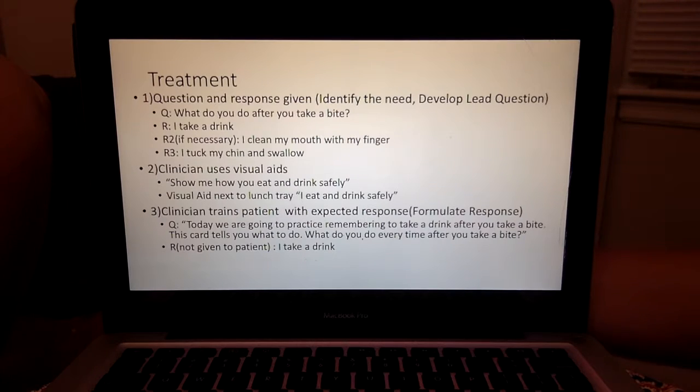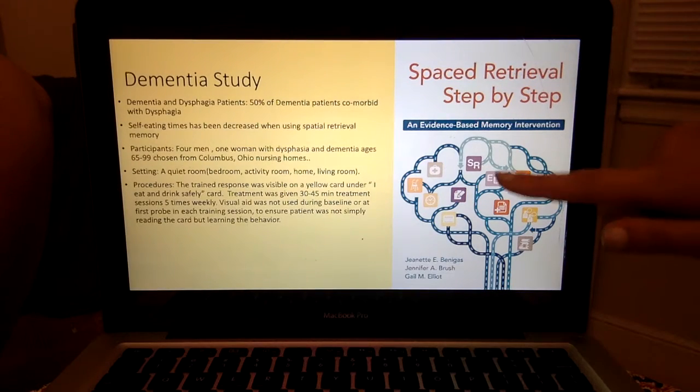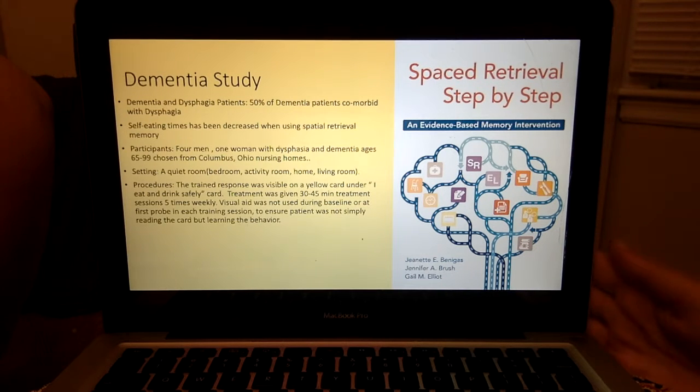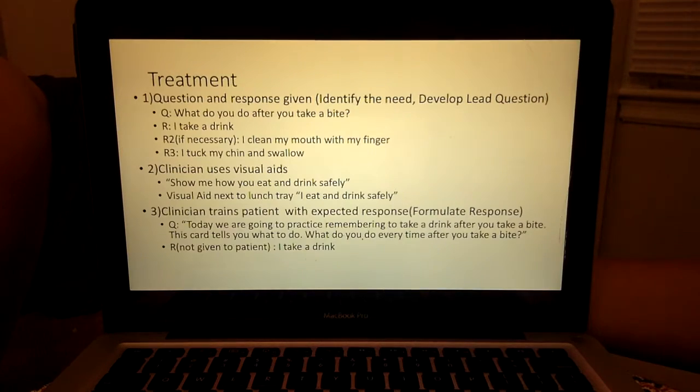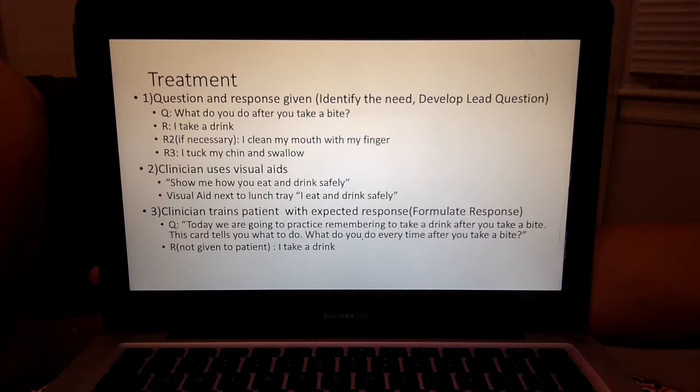I forgot to mention this book right here, Spatial Retrieval Step by Step, a really good tool by the author of our article that would be useful when working with these patients. She really breaks down each step for using spatial retrieval with dementia patients, and she talks about identifying the need, developing the lead question, and formulating a response.